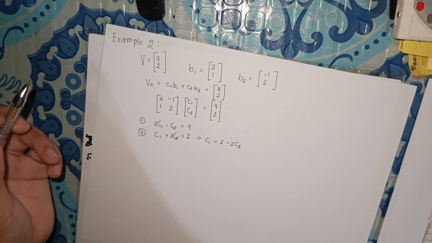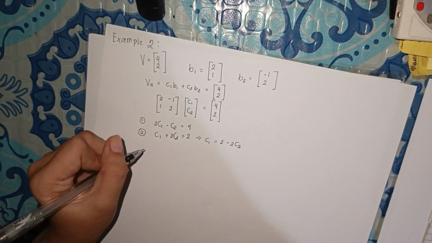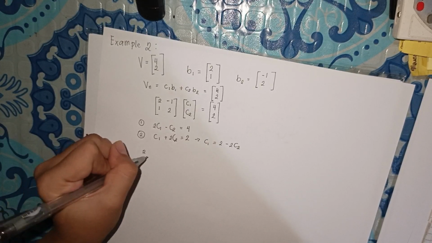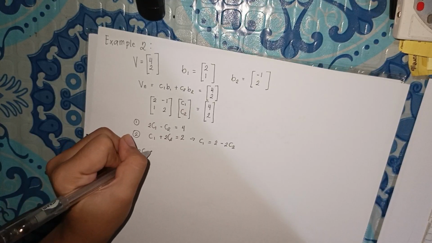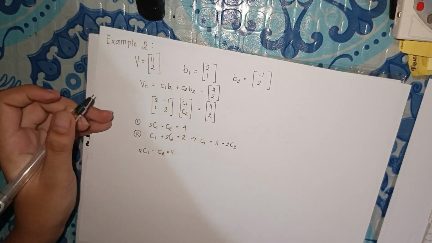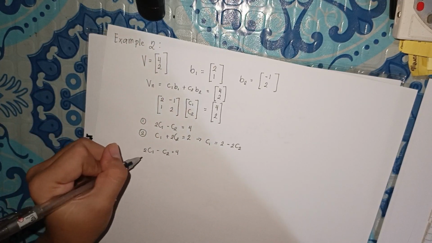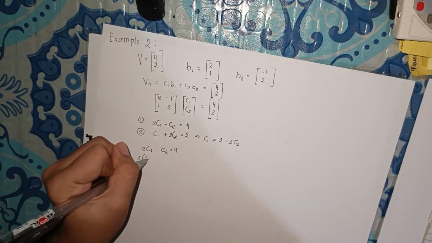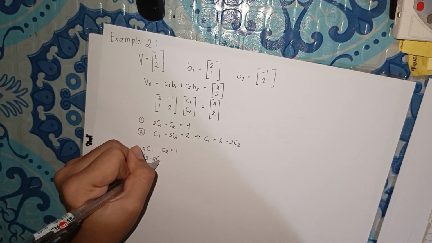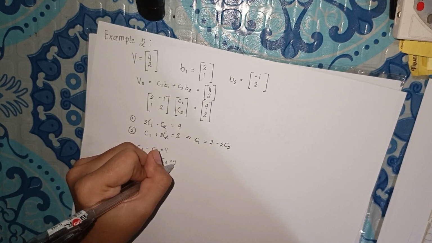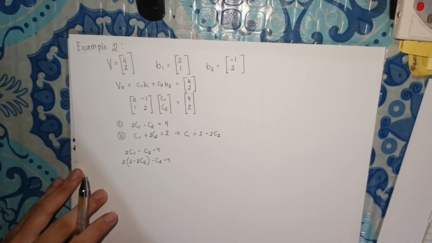So now, I will use equation 1. So 2 C sub 1 minus C sub 2 is equal to 4. So 2, then substitute the value of C sub 1, 2 minus 2 C sub 2, minus C sub 2 is equal to 4. Okay?